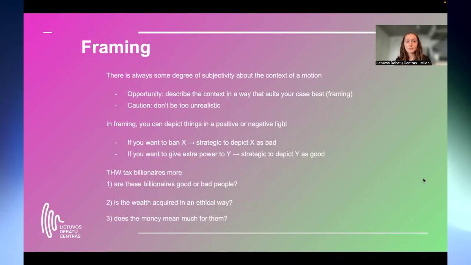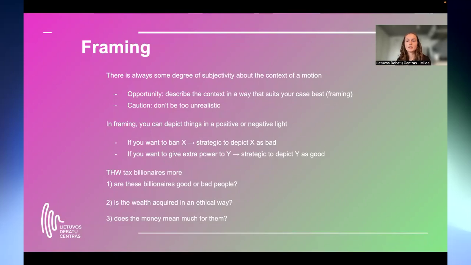And what is framing? Framing is even broader than everything we've talked about here. When you think about motions and debates, there's always subjectivity in the context of the motion. In debates, we learn that we can argue about topics from two completely different ways, and we can describe something as polar opposites, even when we're talking about the same thing.